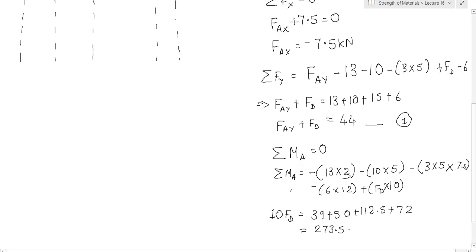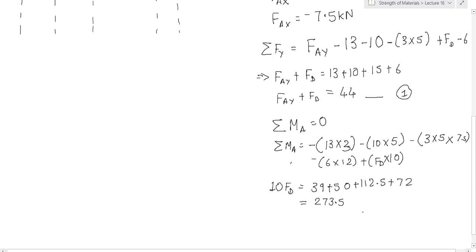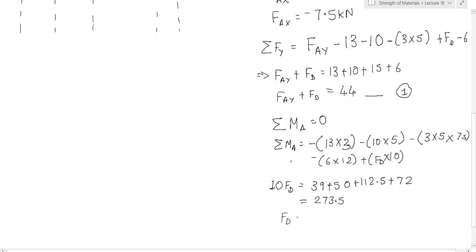So 10 FD is 273.5. So FD will be 273.5 divided by 10, which will be 27.35 kilonewton.